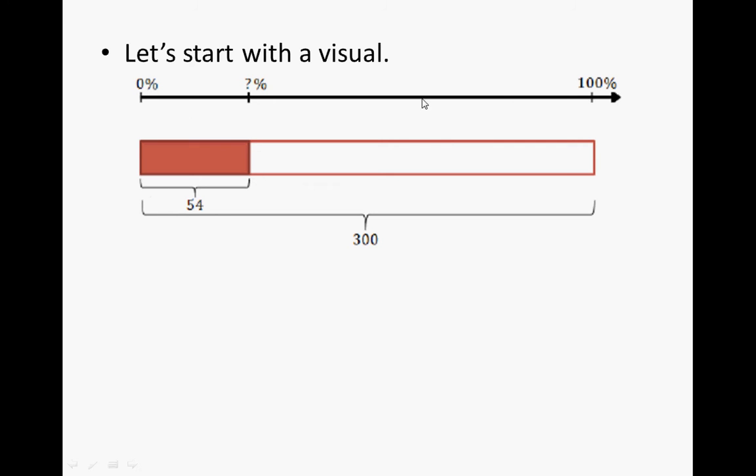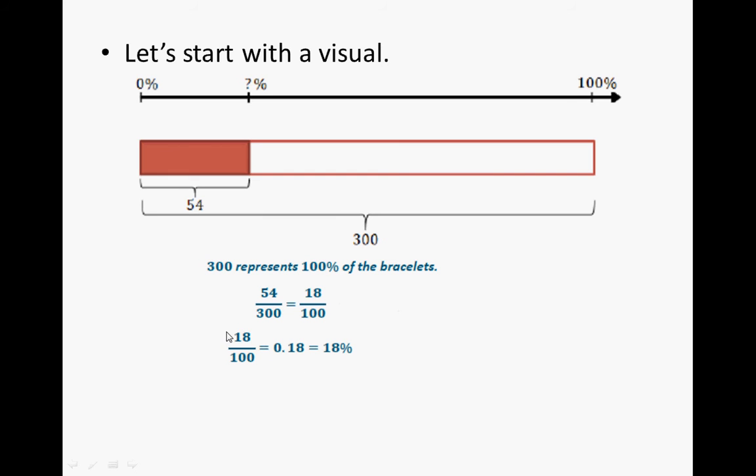So in our percent model, what is that percent? 54 is what percent of 300? So 300 represents 100% of the bracelets. And 54 out of 300, we can reduce this. 18 goes into 54 3 times, and 100 goes into 300 3 times, so we can reduce by a factor of 3.